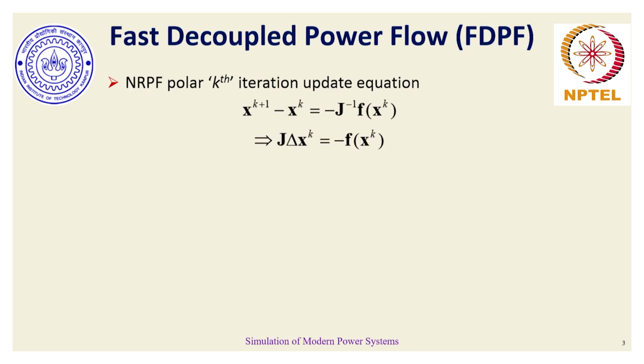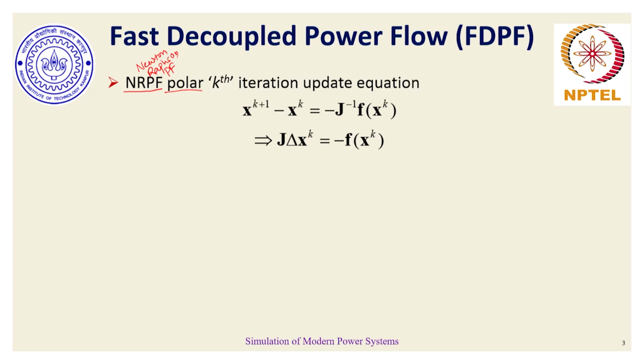So, we have all seen or learnt that Newton-Raphson power flow, NRPF, in full form Newton-Raphson power flow, is the same irrespective of whether it is the polar version or rectangular version of voltage.